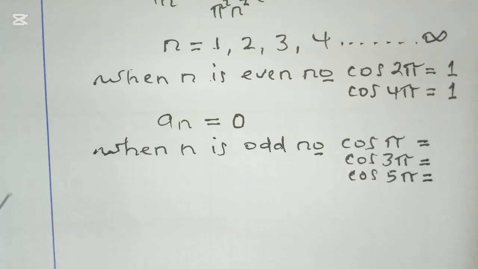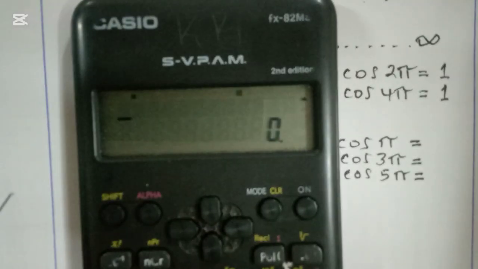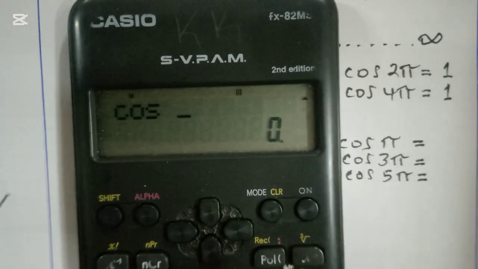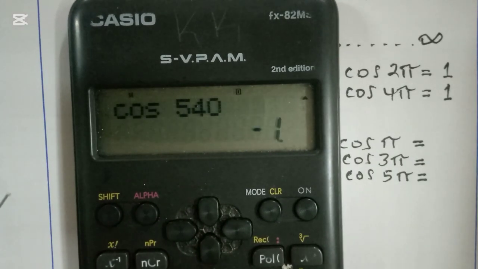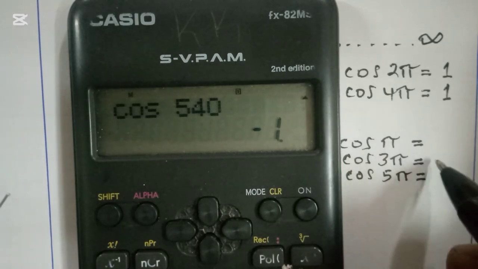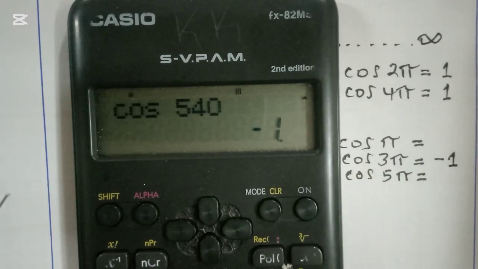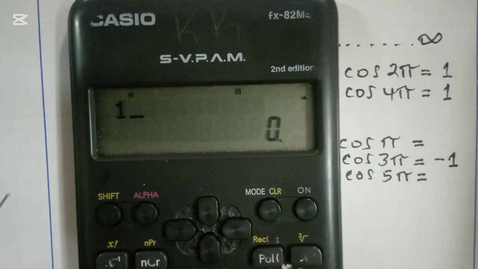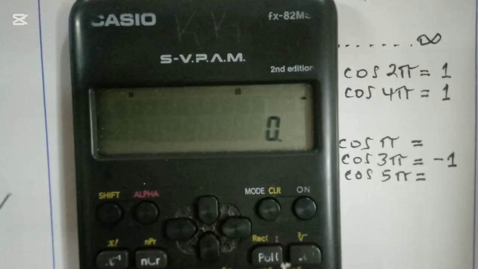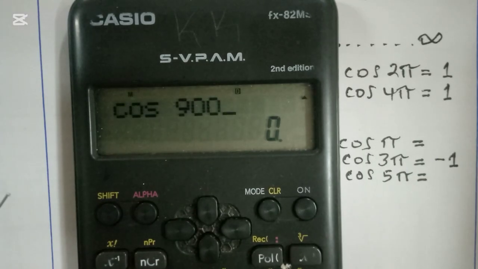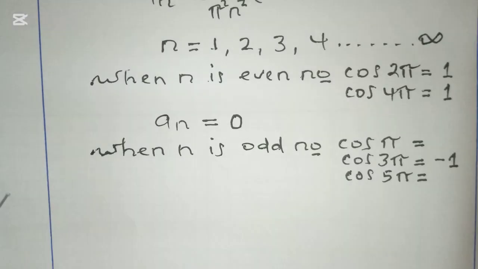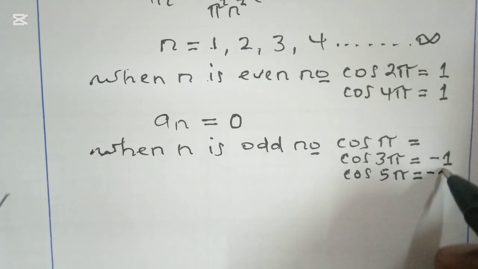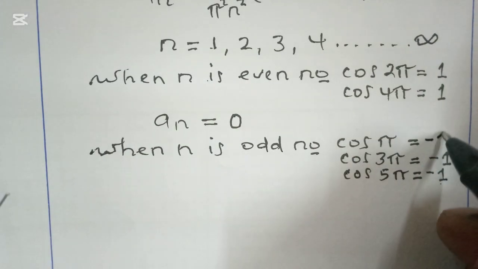For cos 3 pi, that is 180 times 3, that is 540. So cos 540 equals -1. For 5 pi, which is 180 times 5 equals 900, cos 900 equals -1. And so all the odd numbers will give us -1.